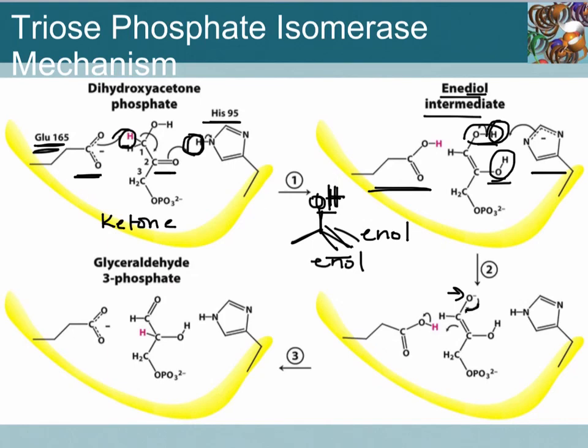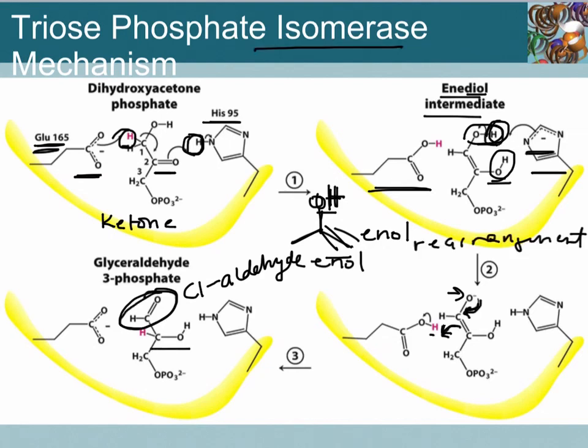The electrons can come down. The pi bond can take the proton. When the pi bond takes the proton now, we have an aldehyde at C1 and an OH at C2. So our isomerization reaction is complete, and the glyceraldehyde 3-phosphate can go on through glycolysis.